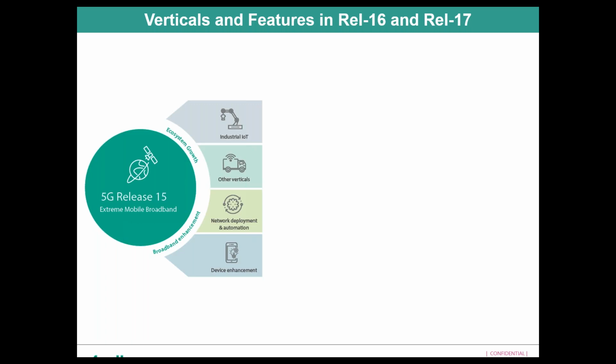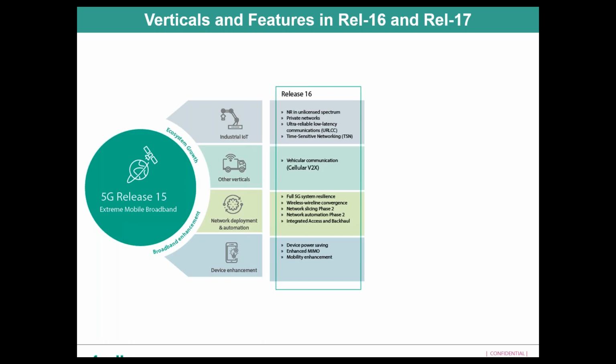So release 16 was focusing mainly on enhanced mobile broadband. But as we move on to release 17, there are incrementals happening, and we are working on better performance, better KPIs, better spectral efficiency that we can get. A lot of stuff that we were not able to accomplish in release 15 would be accomplished in release 16.